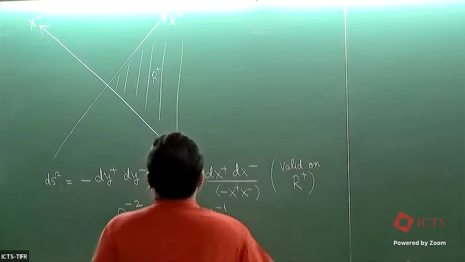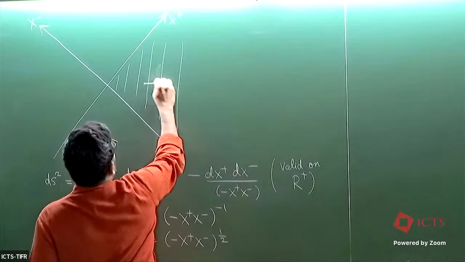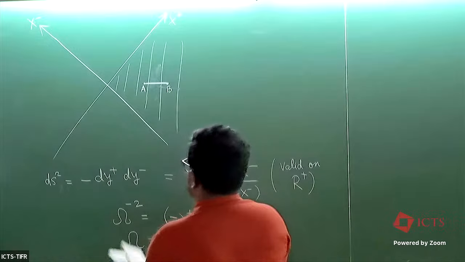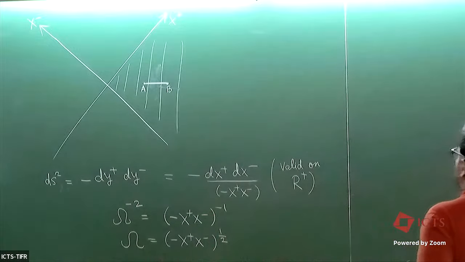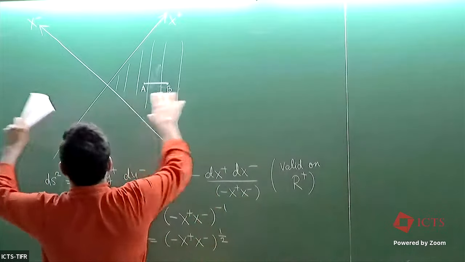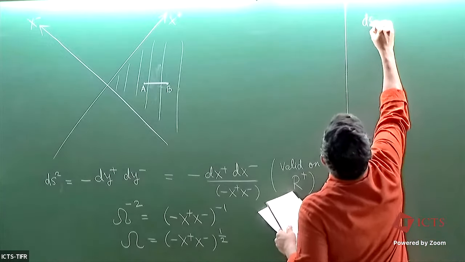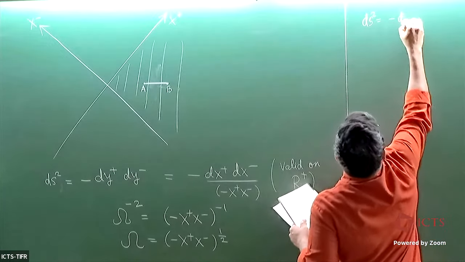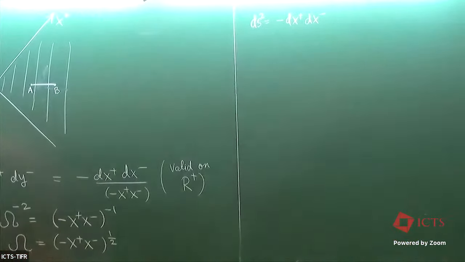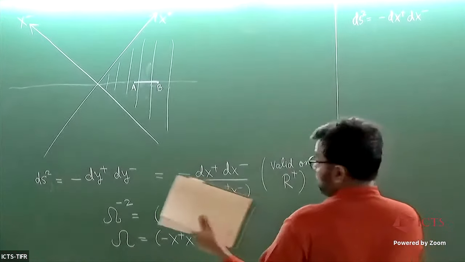Okay, and our interval AB sits somewhere here, right? It's in here. Now we use that formula, because now we say, consider a global pure state in this metric. Okay, so the state in the x plus x minus coordinates is pure on this whole slice, and we can now start using those formulas.